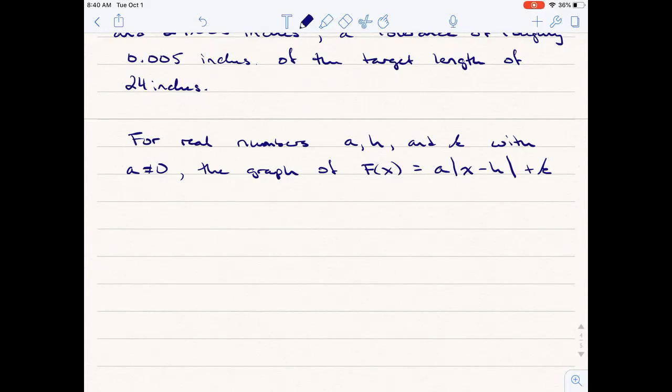Notice that this is just a very general form of any absolute value function, right? We could have x plus or minus some h. If it's x plus 3, for example, h would have to be negative 3, right? Question. Why should it not be x squared? Because that's what we did just now. Oh yeah, but that's because we were talking about the area, right? The area with the length of x is x squared.